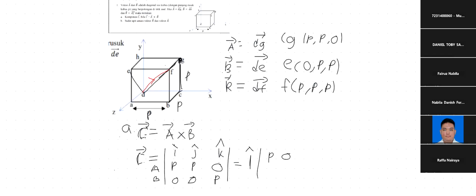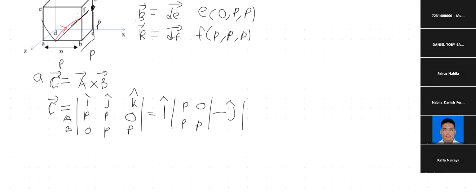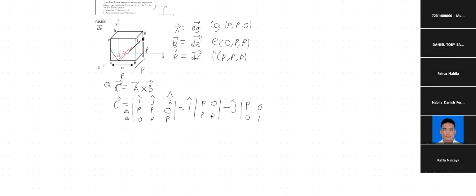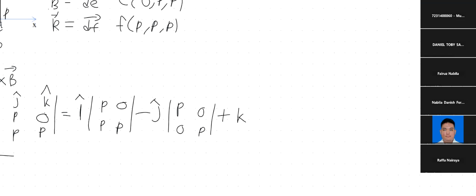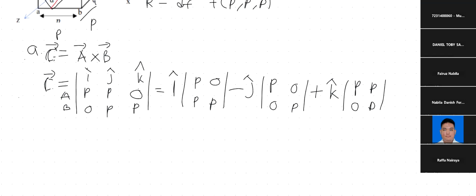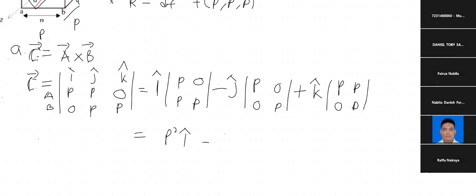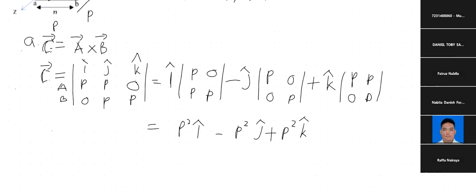P, 0, and this is P. P, 0, P minus the J component, which is going to be P, 0, 0, P, plus the K component, which is going to be P, 0, P. So this is equal to P squared I minus P squared J plus P squared K. So this is the answer for point A.